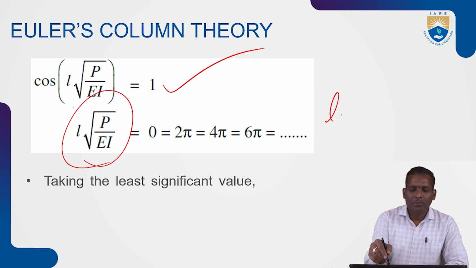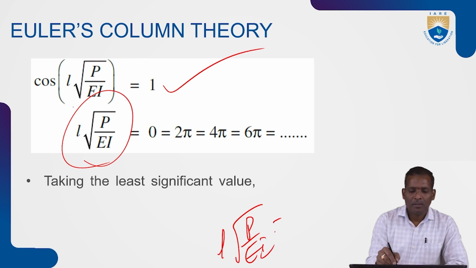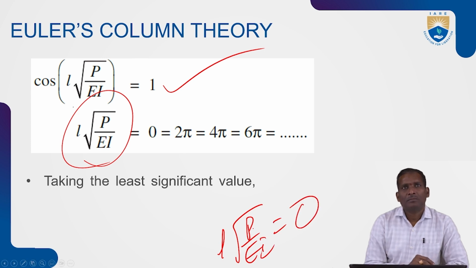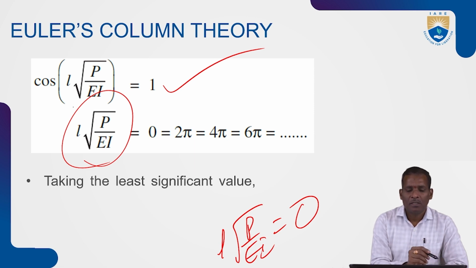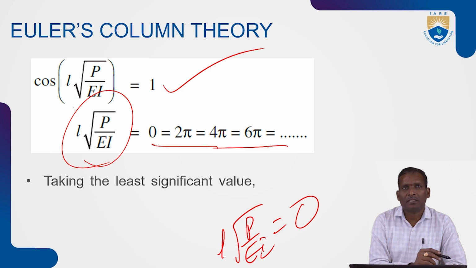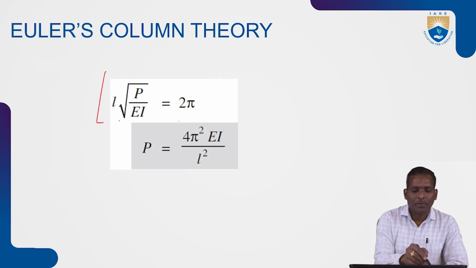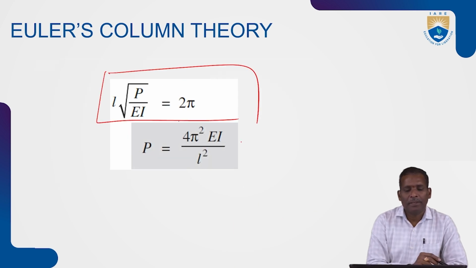So L into square root of P by EI, cos 0 is 1, so the values are 0, 2 pi, 4 pi, and here also we take the least significant value, that is 2 pi.